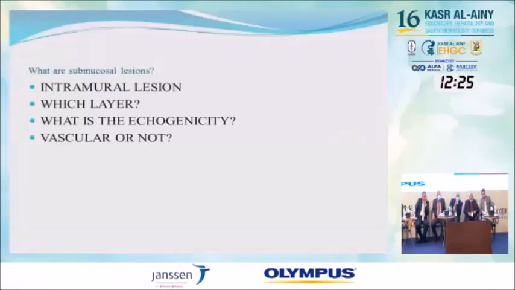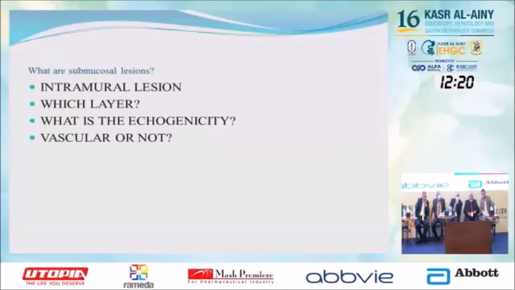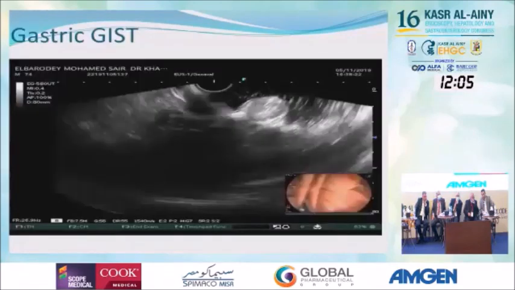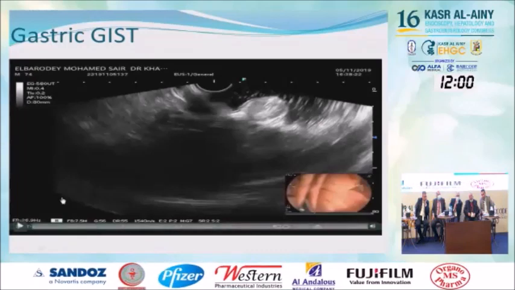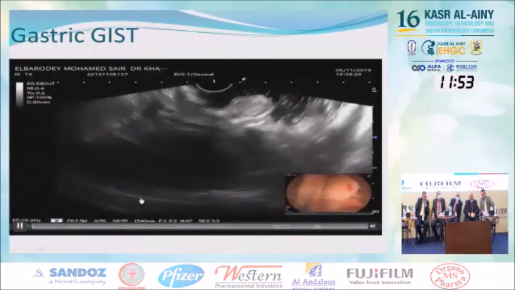So if you face a submucosal lesion, you ask yourself: is it intramural, which layer does it originate from, what is its echogenicity, and is it vascular or not? According to the answers to these 4 questions, you can reach the diagnosis and decide if you need a biopsy or not.